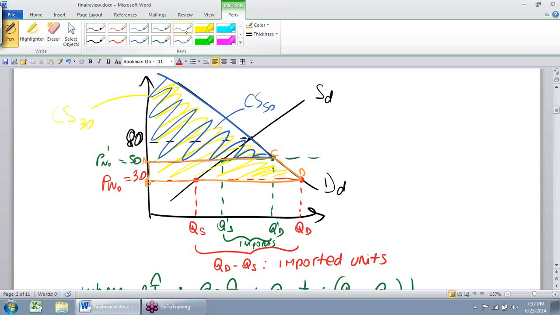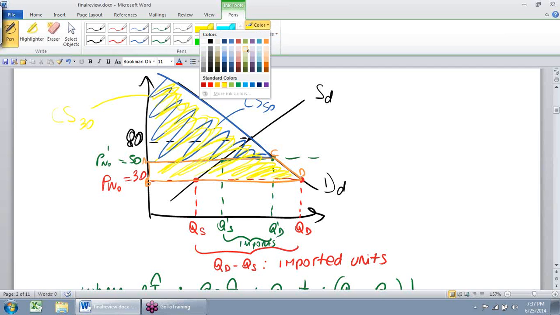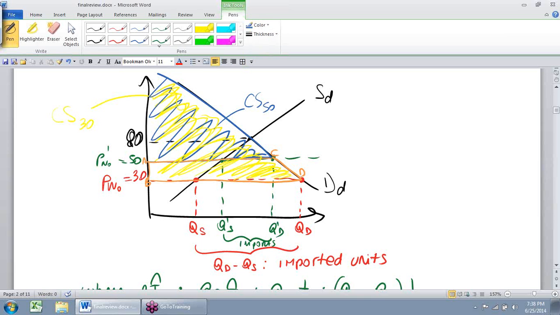While before the consumer surplus was the area above the price of 30 and below the demand curve, that is the yellow area, now the consumer surplus is the area above the new price, that is 50, and below the demand curve. So it's the blue area. That is the smaller triangle. Okay?